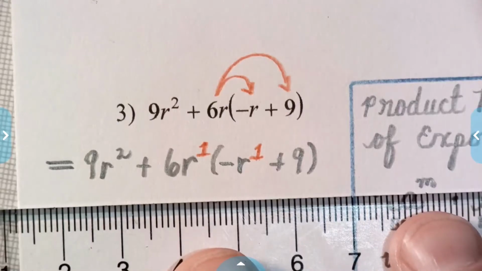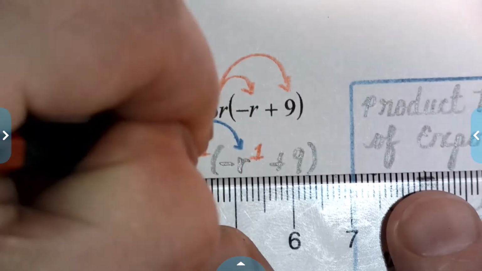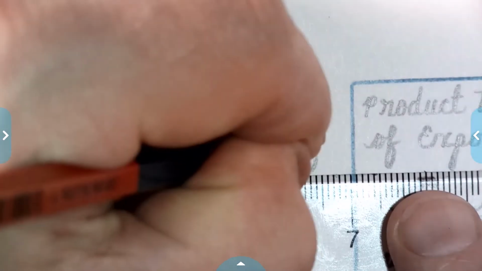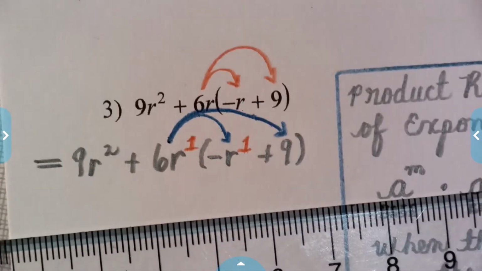And now I'm going to rewrite those distribution arrows, this time in blue, so that they contrast with the red. Okay, so now I think we can proceed.